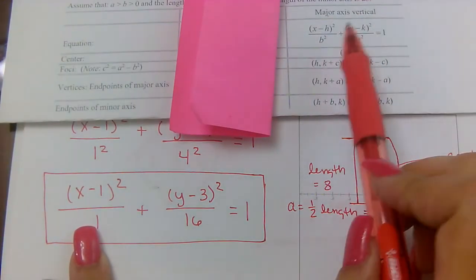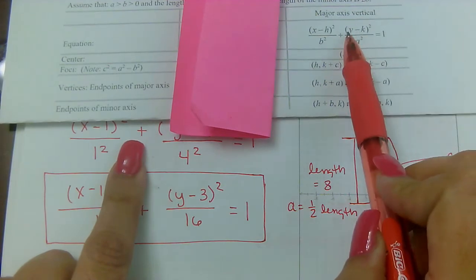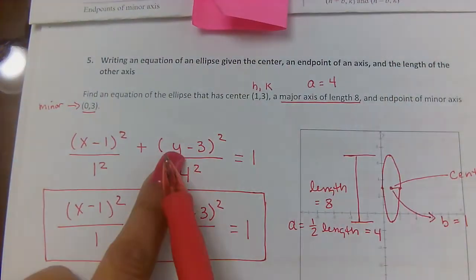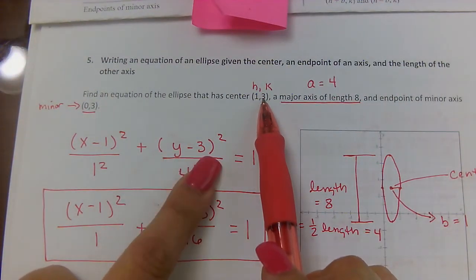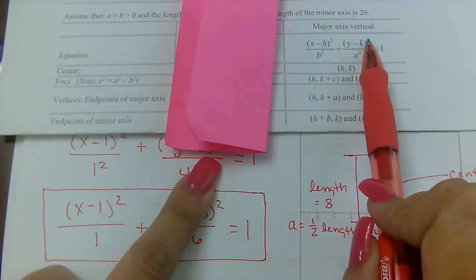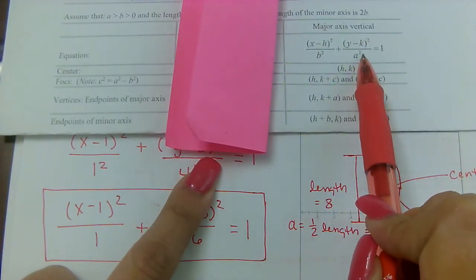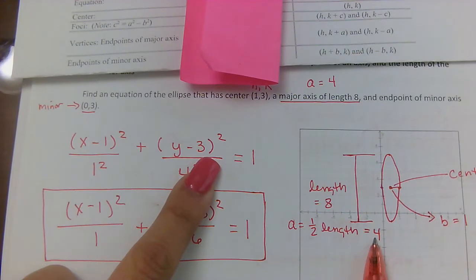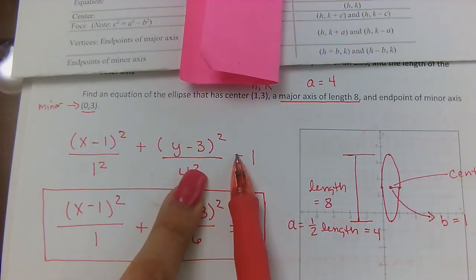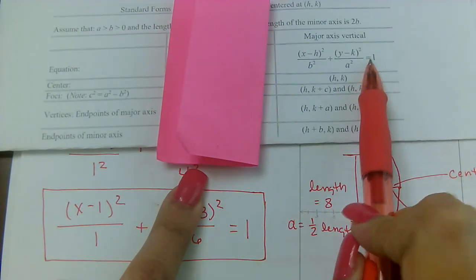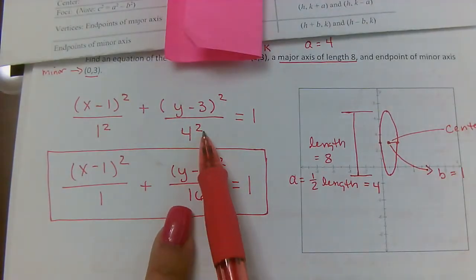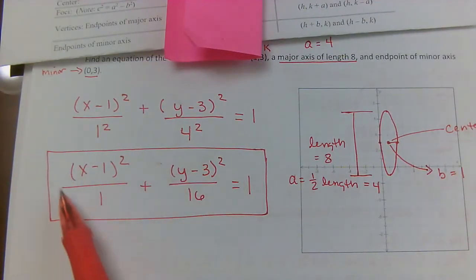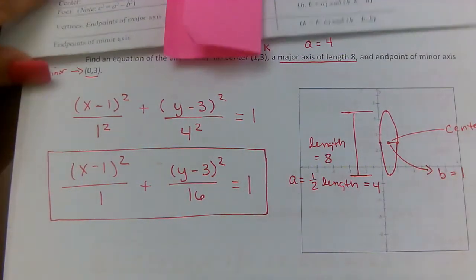Okay. Plus (y − k), (y − 3). All of that is going to be squared, divided by a². a we determined to be 4, that is set equal to 1. Always set it equal to 1. 4 squared is 16, and this is going to be my final answer.